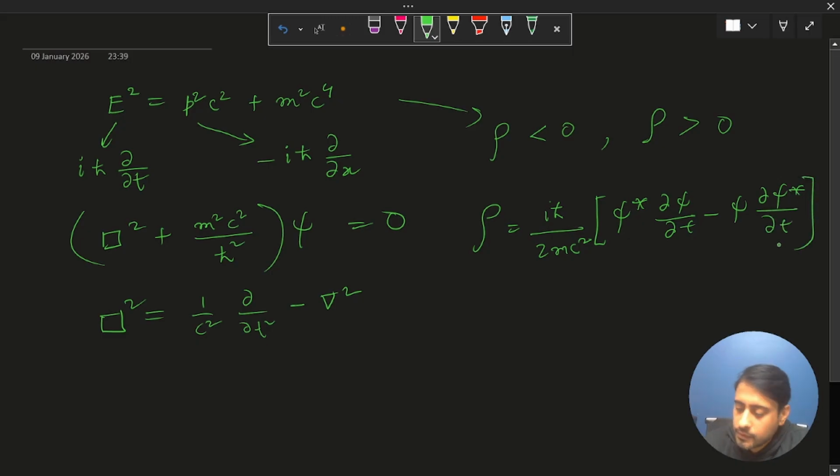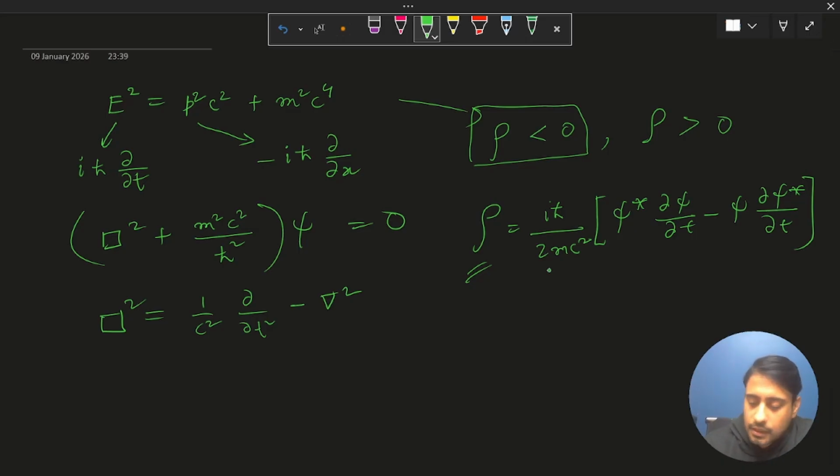So we were not sure whether this is going to be positive or negative. It can be either, but the probability density can never be negative. So this was not acceptable, and the Klein-Gordon equation was not accepted as a field equation.